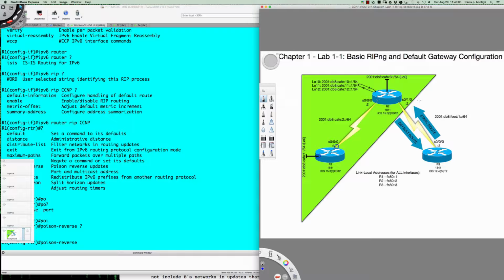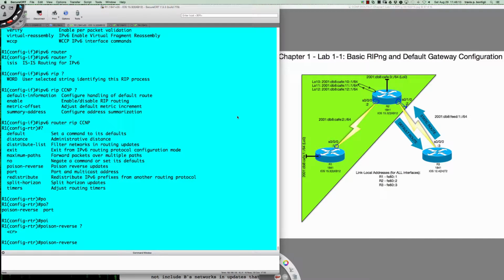Or if I'm router 2, let's say that we were running RIP this direction, I can't say, oh, we're going to turn it on here, but leave it off here. So we can see that in the Cisco implementation, you can't do that. All I can do is go into the global RIPng router configuration section and literally enable poison reverse.